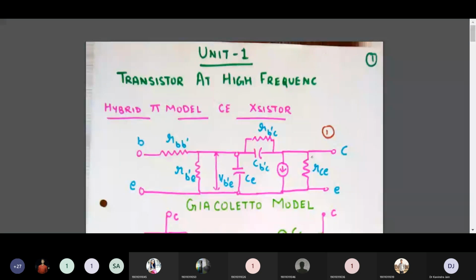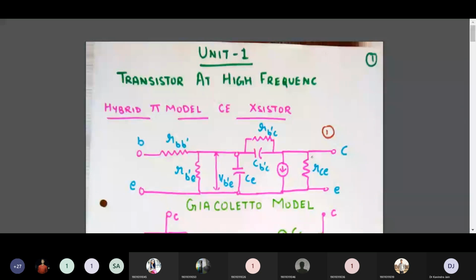So, to analyze the transistor at those higher frequencies, we must use some different model or parametric equations.